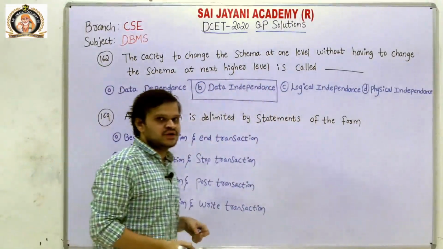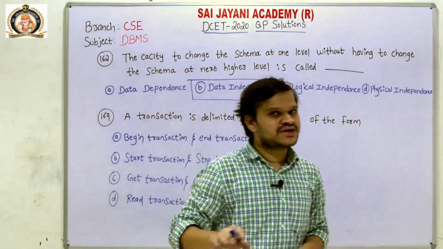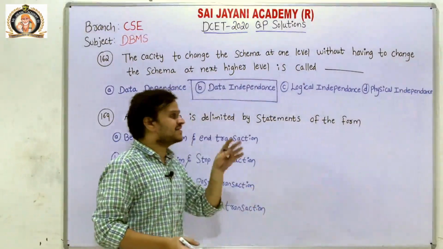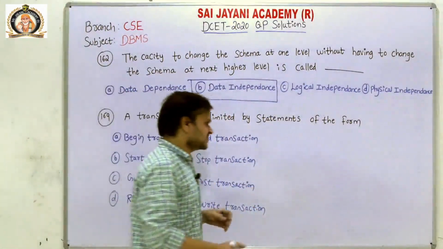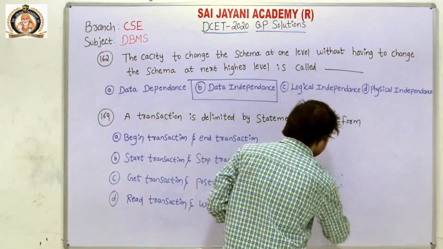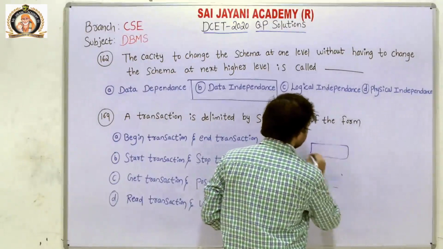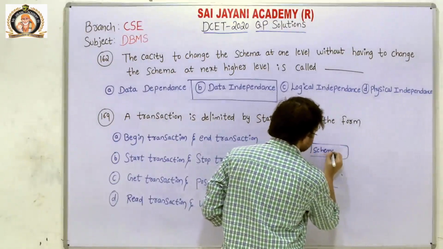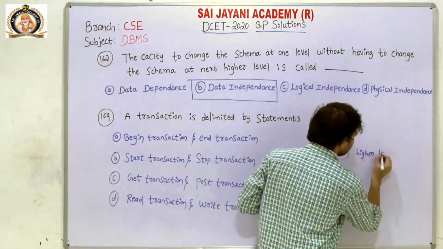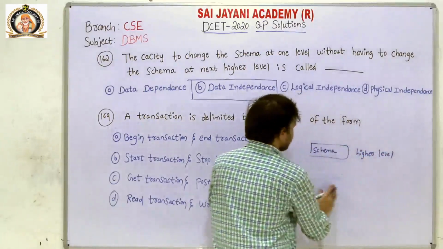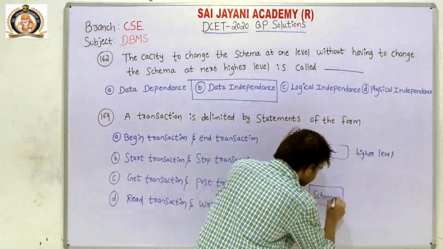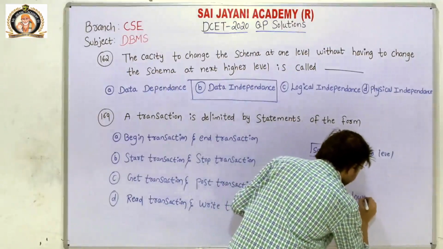Why? Because if we change the schema at the lower level, then it will not affect the schema present at the next higher level. That means the schema present at the higher level is independent of the schema present at the lower level.